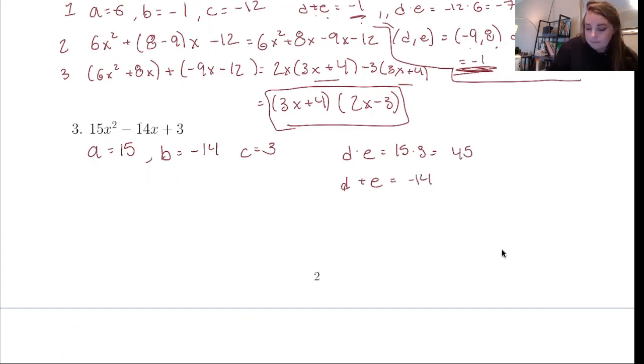I usually like to write a little table like this. So what are some options? They need to add to negative 14, so they might both be negative, since they're going to multiply together to be 45.